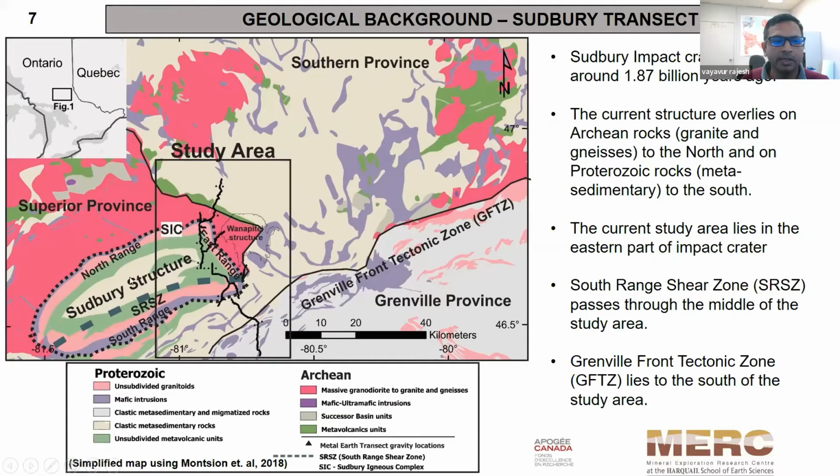The current structure lies towards the north on Archean granitoids and gneiss rocks, and towards the south on Paleoproterozoic Huronian sedimentary rocks. After the impact, the Sudbury structure underwent a lot of deformation, and I am highlighting two important events: the South Range Shear Zone and the Grand Valley Front tectonic zones to the south.